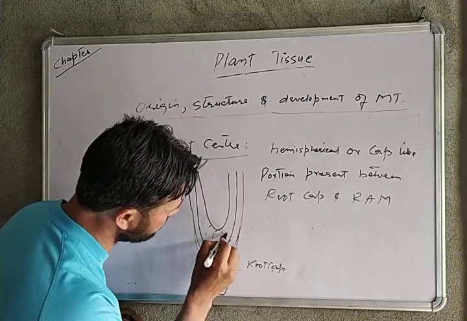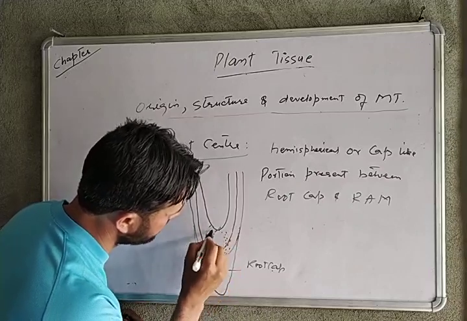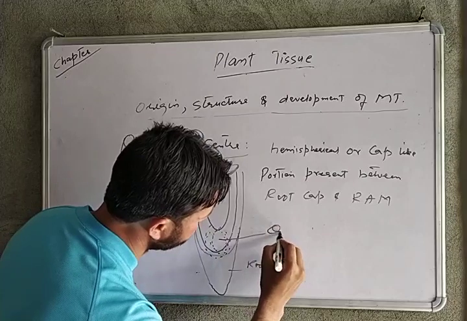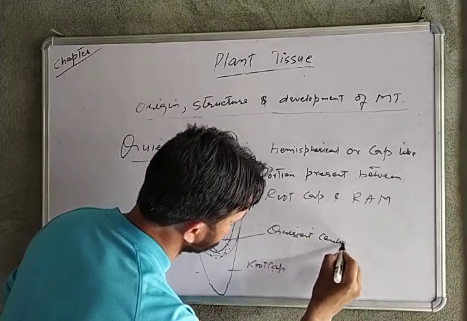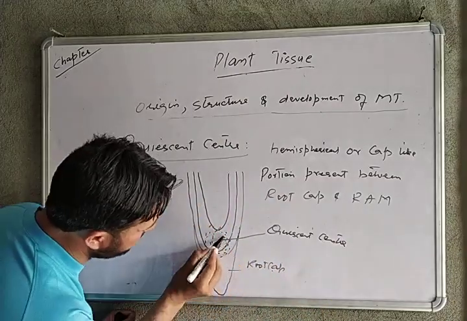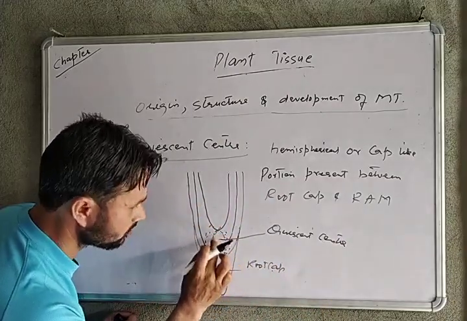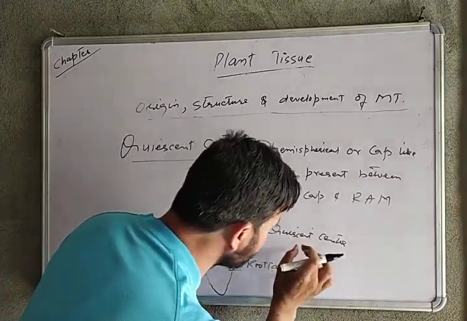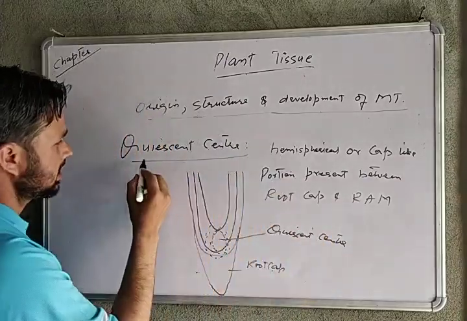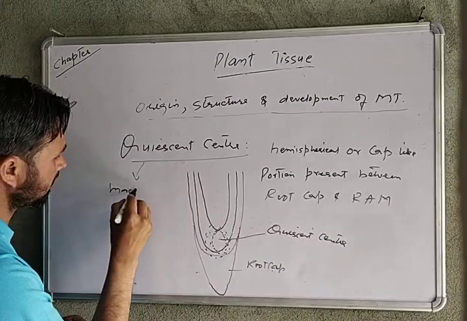This is root apical meristem, but this is the quiescent center. This hollow portion is the quiescent center, and the characteristic feature of this quiescent center is that it has inactive cells.